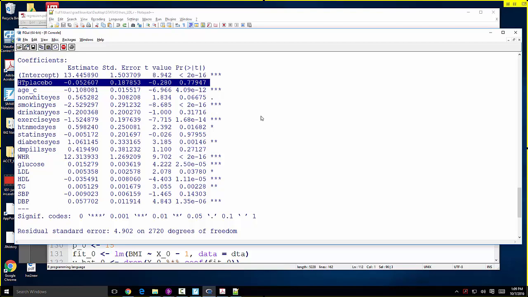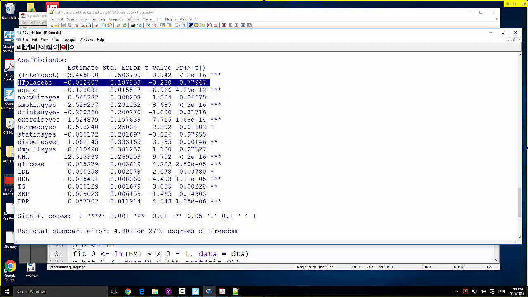Beta 1 is a coefficient for yes or no, did you get treatment? So looking at this row, we have a p-value that's large, and we would say, accounting for all these other things, once all these other things have been accounted for, there is not a statistically significant effect of treatment.